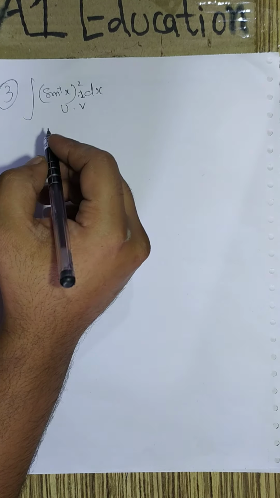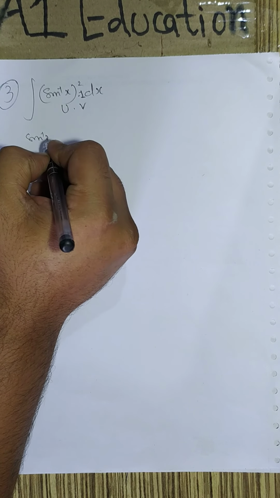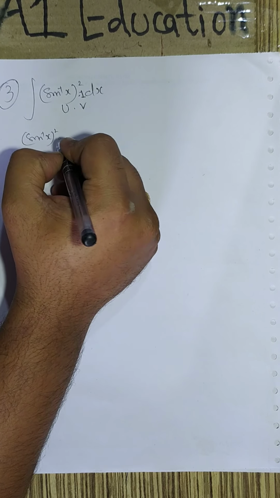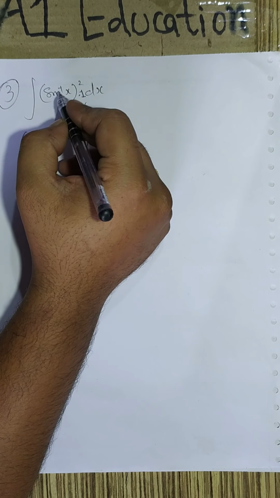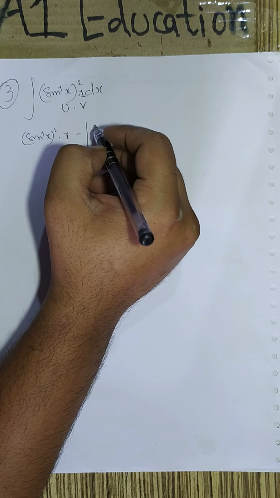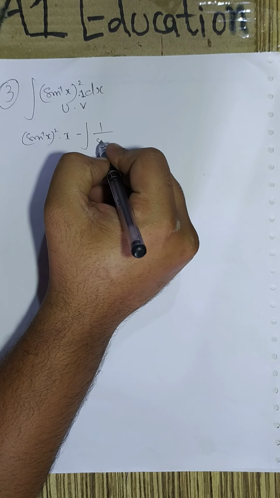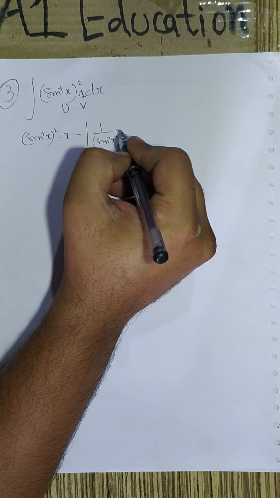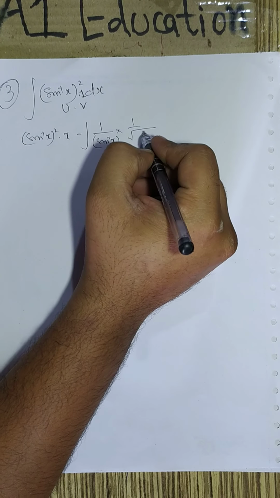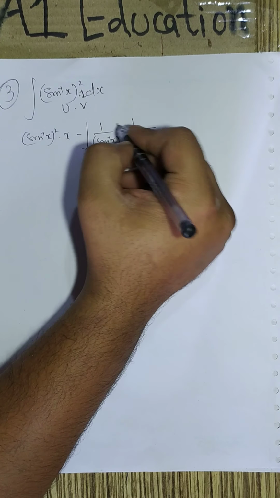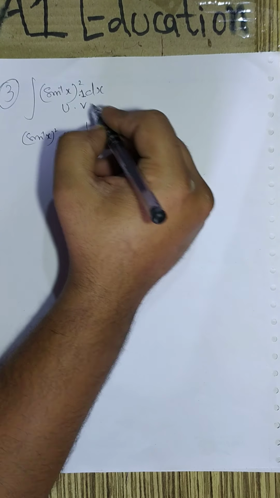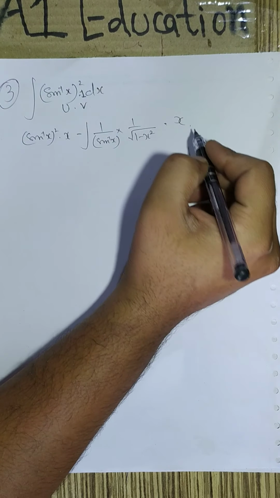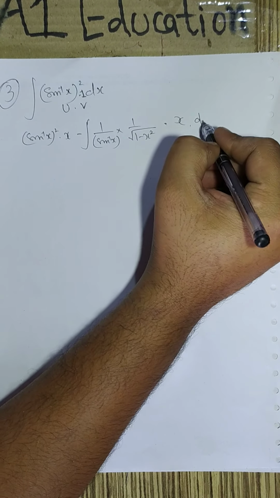So starting with our solution, u as it is, integration of v minus integration of du by dx. So chain rule, first the differentiation of the square term, then differentiation of sine inverse of x, then differentiation of x is obviously 1, integration of 1 will be x, still the integration has to go on.